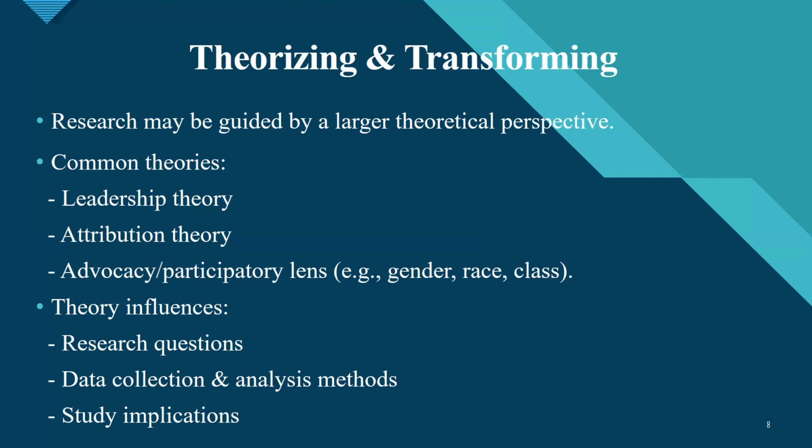These theories shape the research questions asked, the selection of participants, and the data collection and analysis methods. These studies have broader implications, often aimed at driving change and advocacy. Explicitly incorporating a theoretical framework helps researchers maintain focus and coherence in their study.